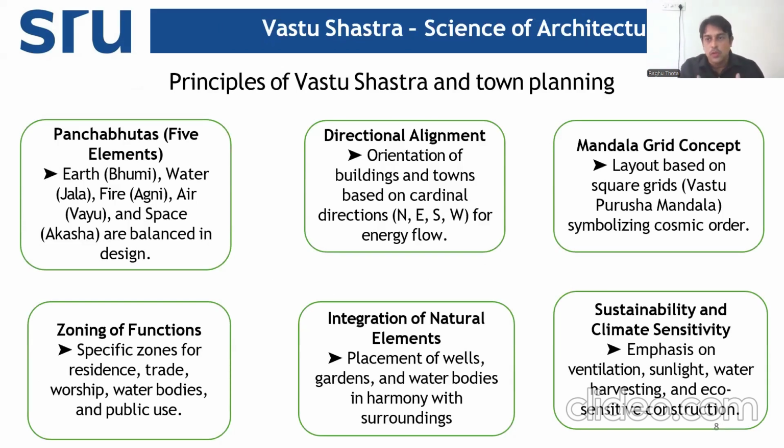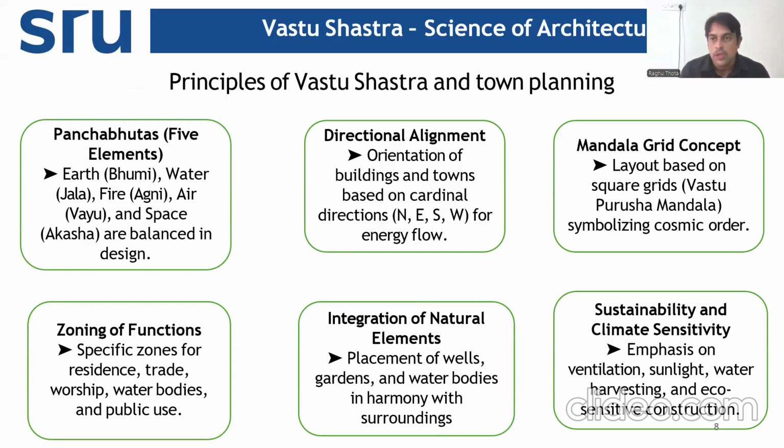How we strictly followed the Vastu principles during ancient times: principles of Vastu Shastra and town planning. What are the significant features of Vastu Shastra? They believed in five elements, which we call Panchabhutas, during construction, such as earth, water, fire, space. All these must be well balanced during the construction.